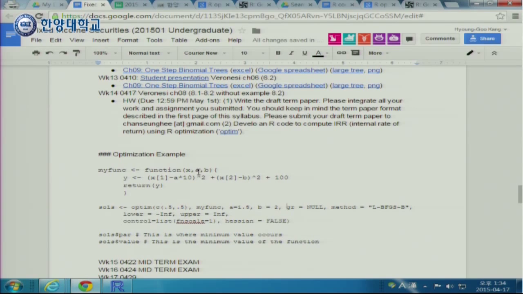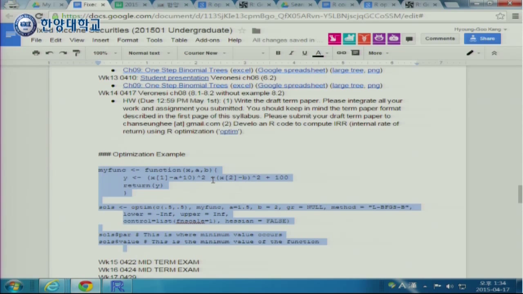In this case, for minimization, the minimum value of this function, when it's a vector, is when x1 equals 15 and x2 equals 2, right? Now it is like a 3-dimensional function. So let me run this program.